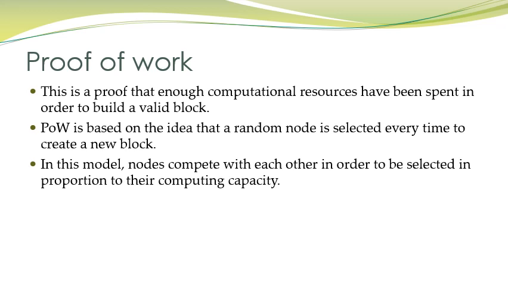If a malicious node wants to add the block in the Bitcoin network, then the attacker node has to spend a lot of resources. It has to perform a lot of computations and solve this mathematical puzzle.